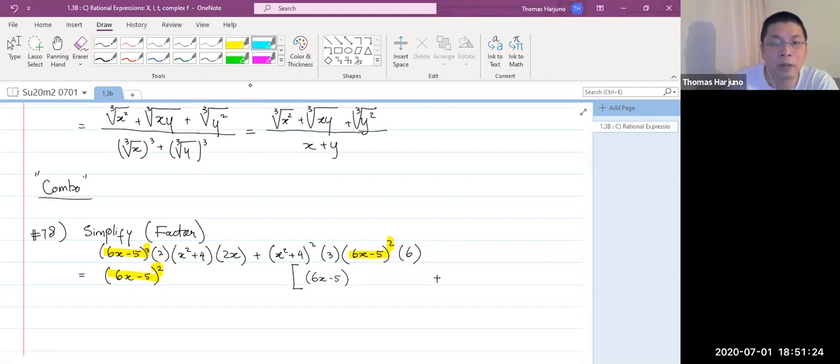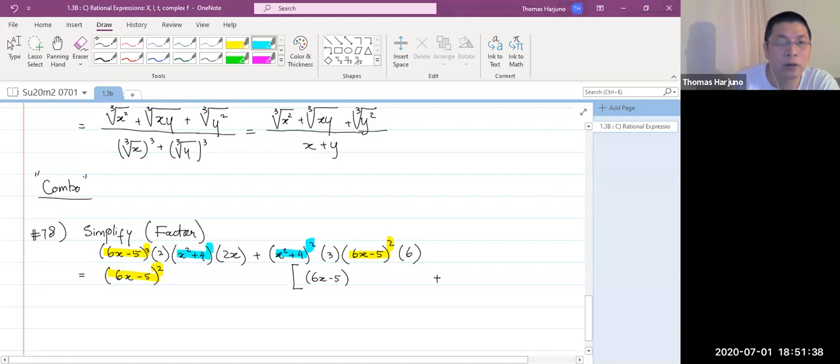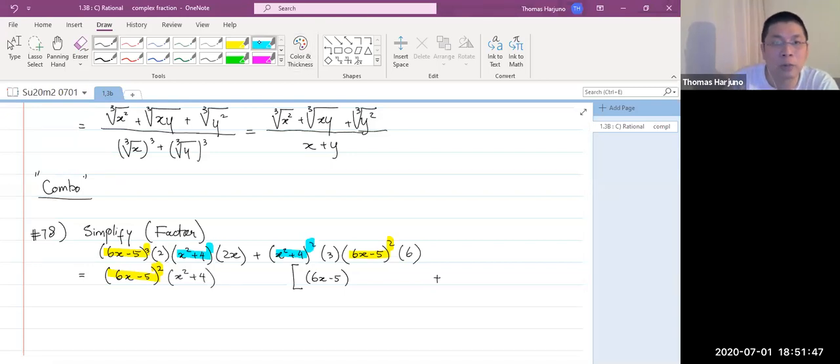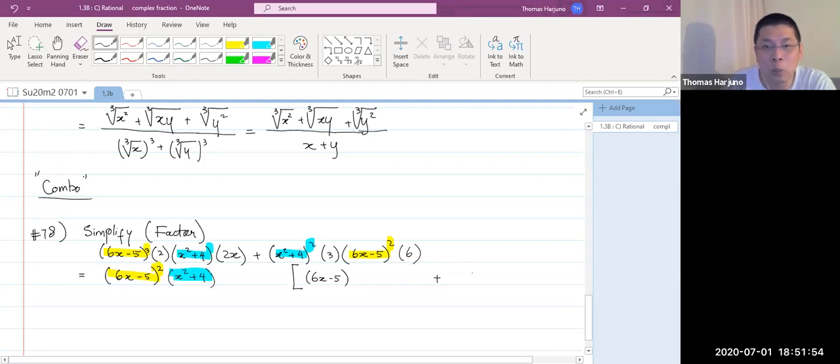Then another factor that we can see easily is x squared plus 4. We have x squared plus 4 to the power of 1, and x squared plus 4 to the power of 2. We choose the smaller exponent to factor out. So you will not see any x squared plus 4 anymore from the first term, because that's all it has. You will see one x squared plus 4 left in the second.